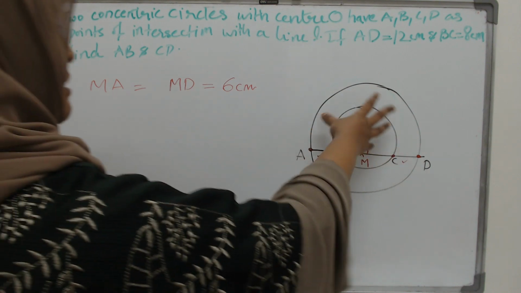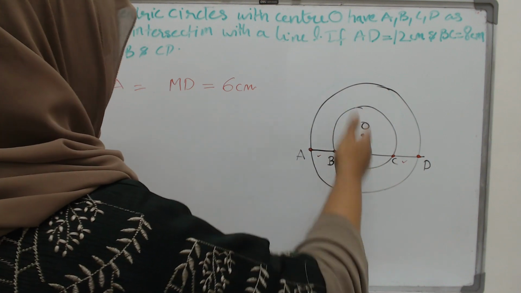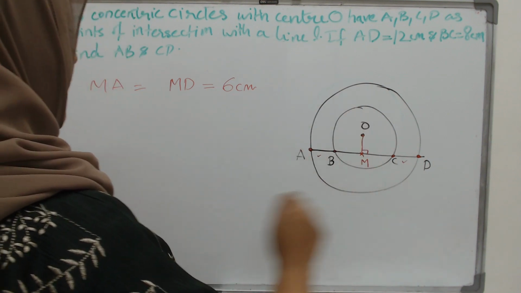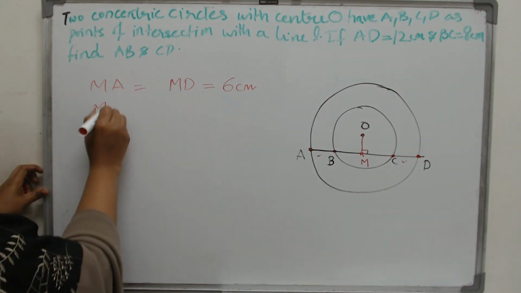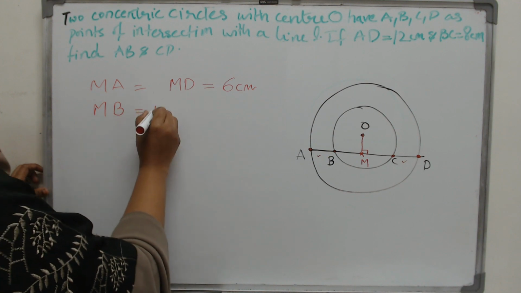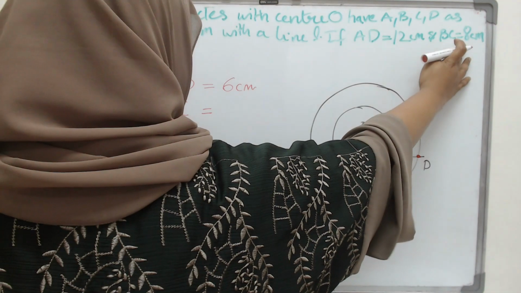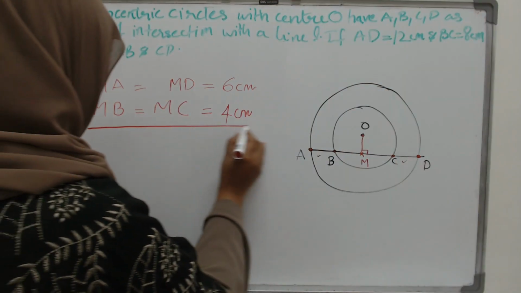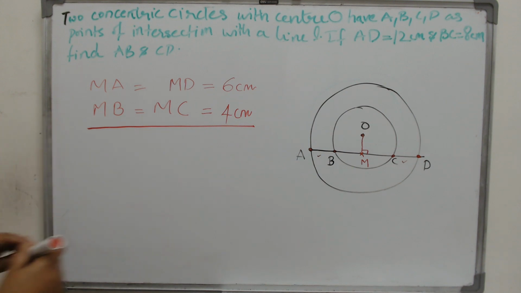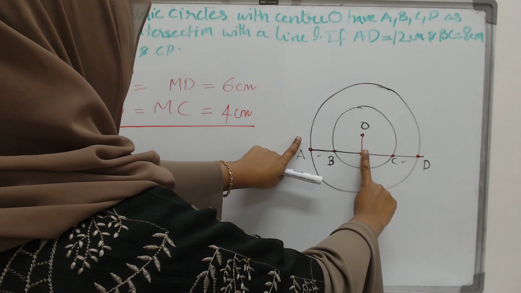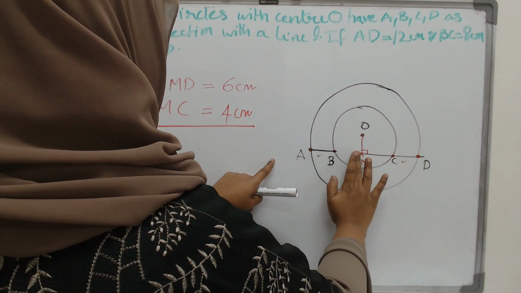Now look at the smaller circle. This also cuts this BC into two equal parts. The whole of BC is 8, which means what? MB is equal to MC is equal to what now? Half of 8. Now, just like you do with everything else, subtract BM from AM.